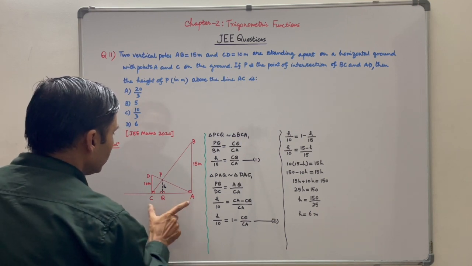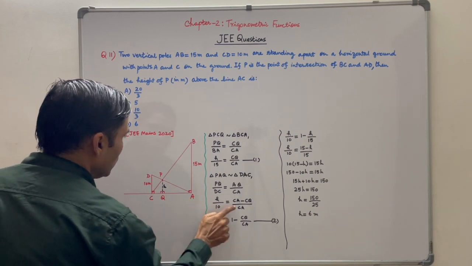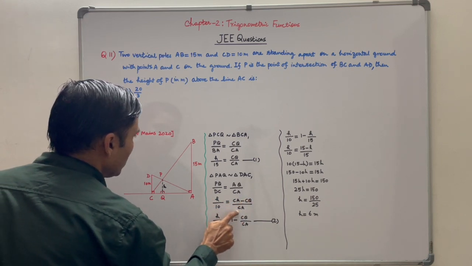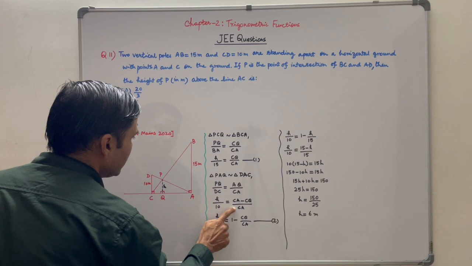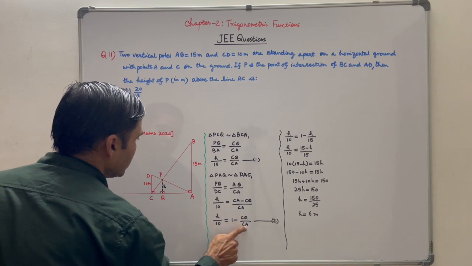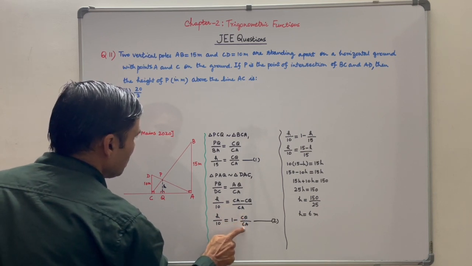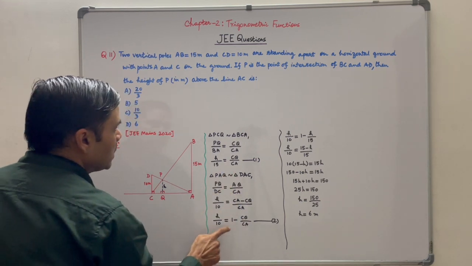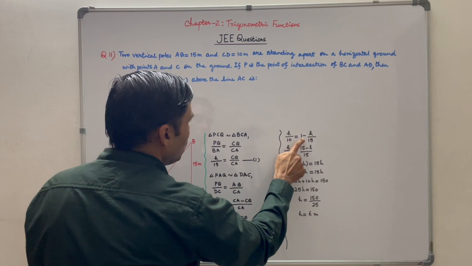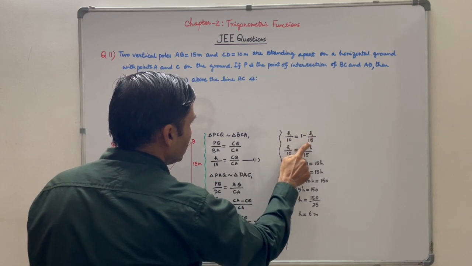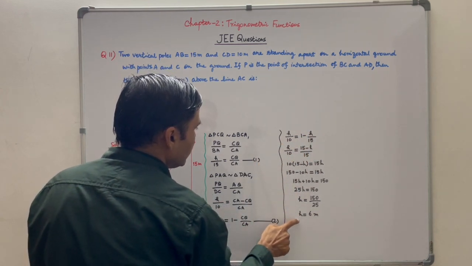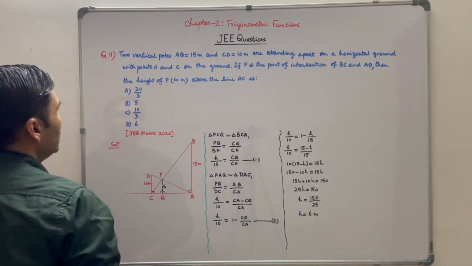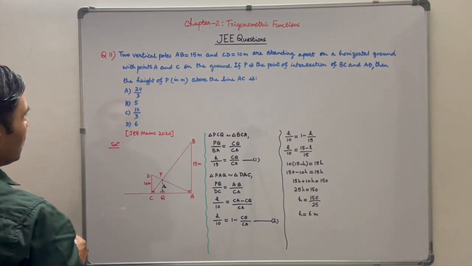AQ we can write as AC minus CQ. So h upon 10 is equal to (CA minus CQ) upon CA. This we can write as 1 minus CQ upon CA. Value of CQ upon CA we can put from equation 1. So it becomes h by 10 is equal to 1 minus h by 15. Solving this gives h equal to 6 meter, and that is our answer. So the correct option is option D.